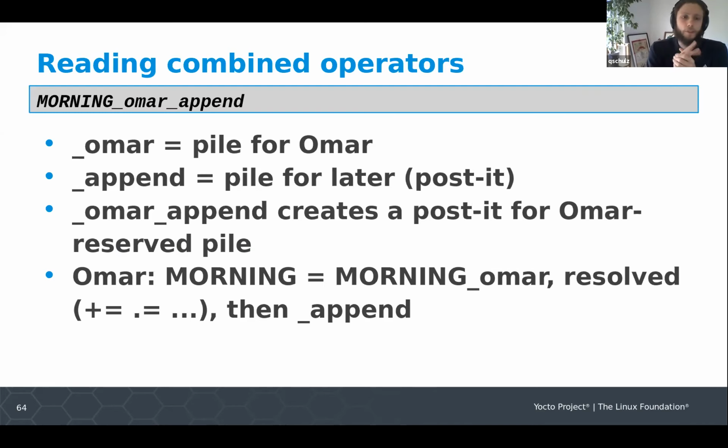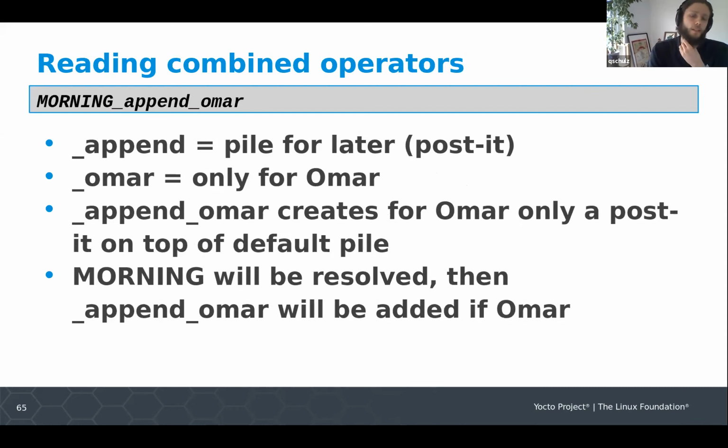And basically for Omar, we would have morning Omar that would replace morning. And then you would have the underscore append that applies on top of this, right? And the other way around is you have the morning variable underscore append underscore omar, and underscore append is a pile that is supposed to be handled later. And you have underscore omar, which is only for omar.